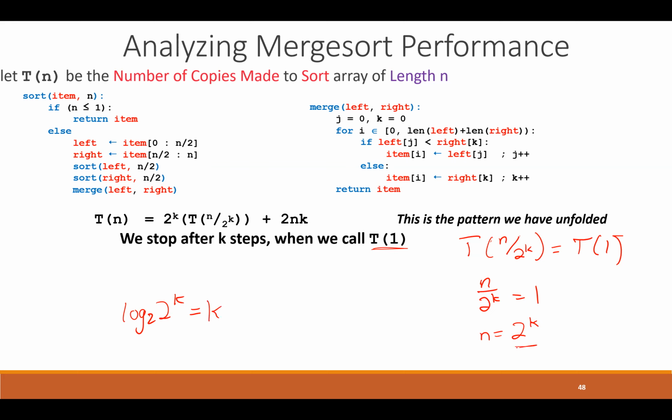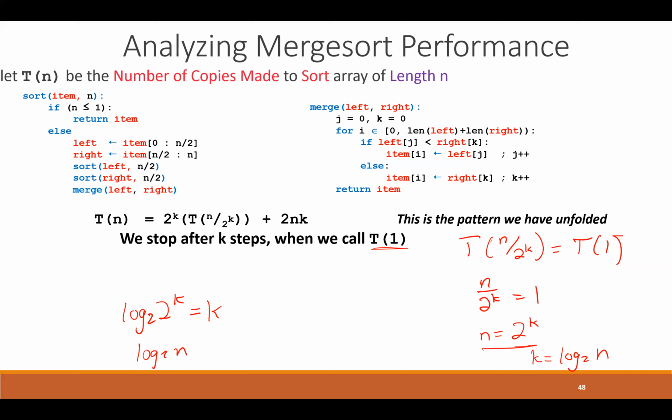And the log base 2 of n is simply log base 2 of n. So once I take the log of both sides, I end up with k equals log base 2 of n. So the depth of my recursion tree is log base 2 of n.